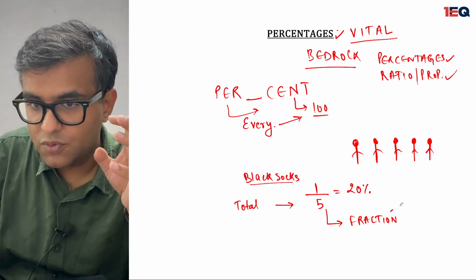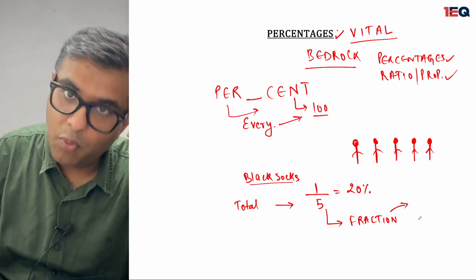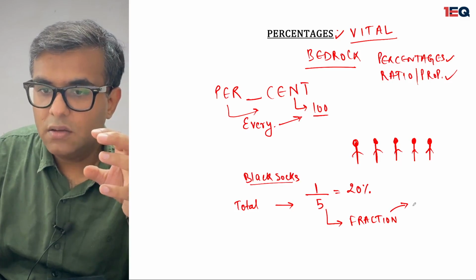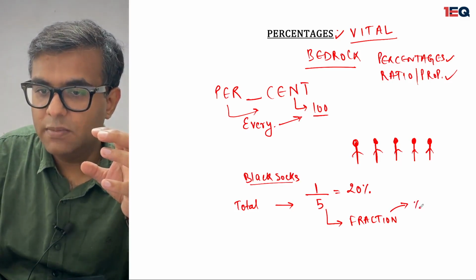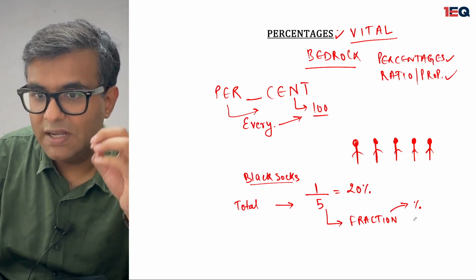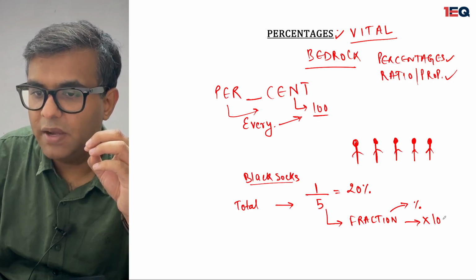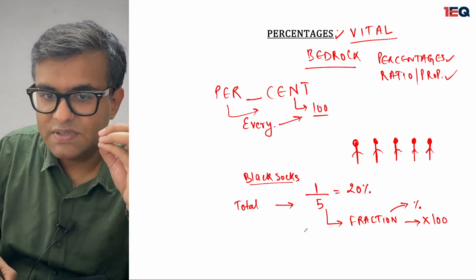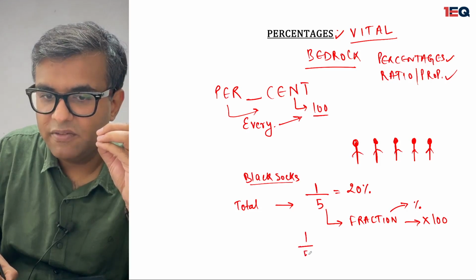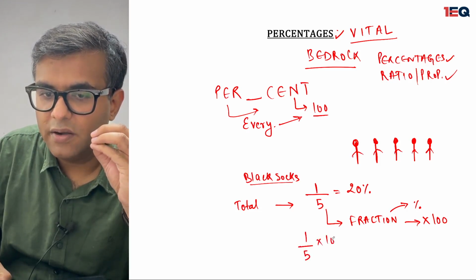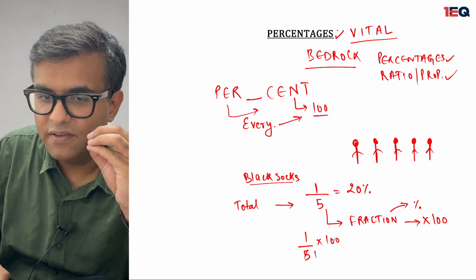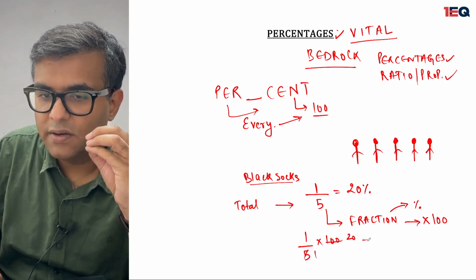If I am supposed to reach a point where percentage is available, I will have to multiply it by 100. So in the same sense, I multiplied 1 by 5 by 100. 5 ones are 5, 5 20s are 100.